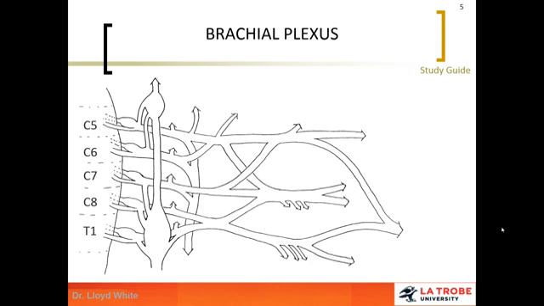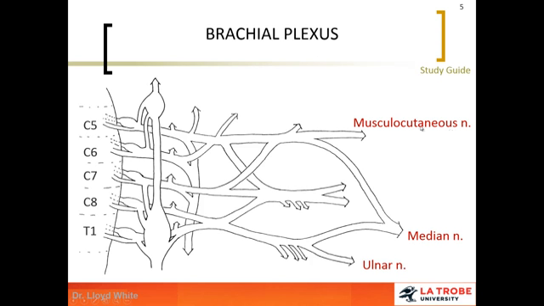However, there are 5 major peripheral nerves that we need to know about the upper limb. So we've got our brachial plexus, we can see it all dividing and merging and dividing again, and we end up with anterior divisions, and we've got 3 of the 5 major nerves originating from the anterior division.